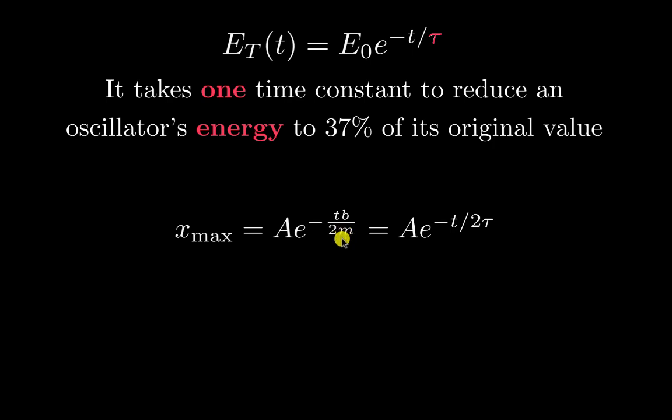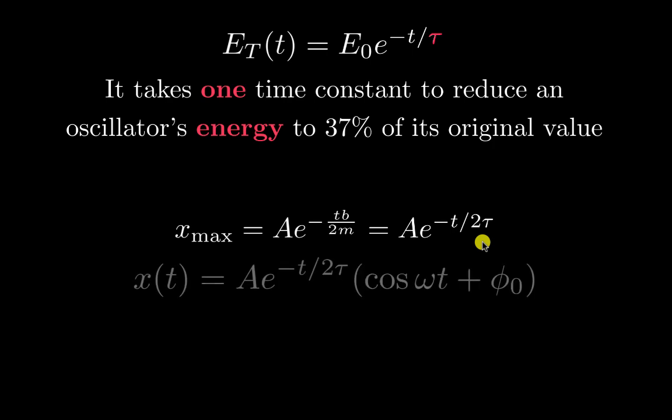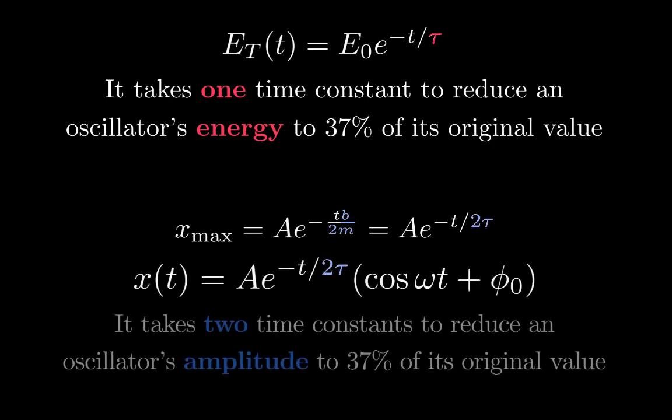And here m over b is our time constant, so this simplifies to A times e to the minus t divided by 2 tau. And so we can summarize this by saying that it takes two time constants to reduce an oscillator's amplitude to 37% of its original value. So tau is the amount of time it takes to reduce the oscillator's energy to 37% of its original value.